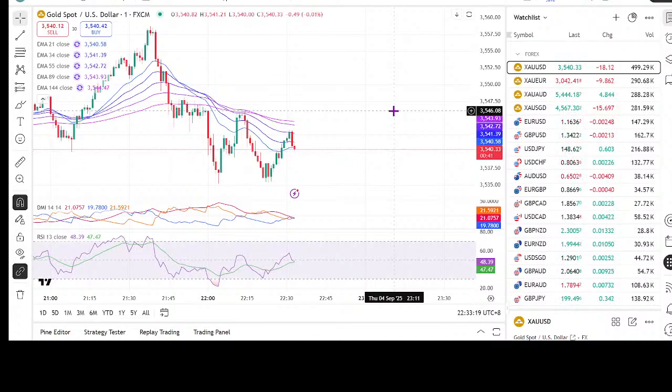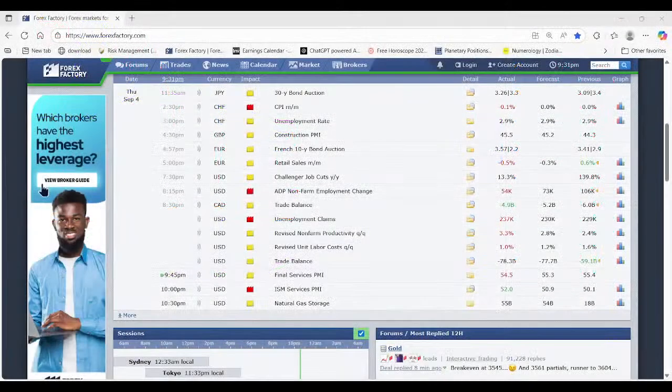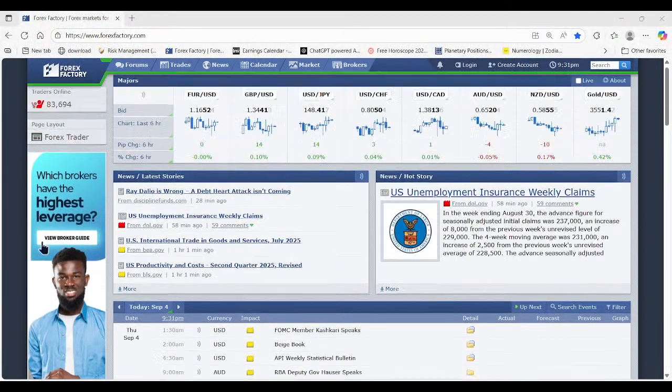Any questions before I end the session? Tomorrow I think will be very volatile. Let me share with you the non-farm payroll data.